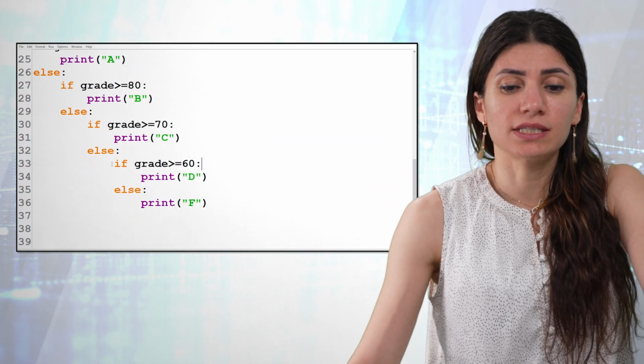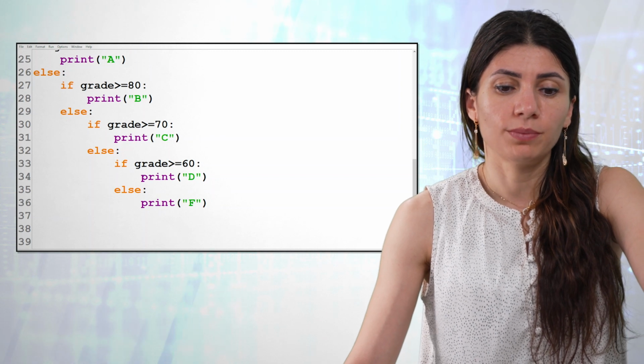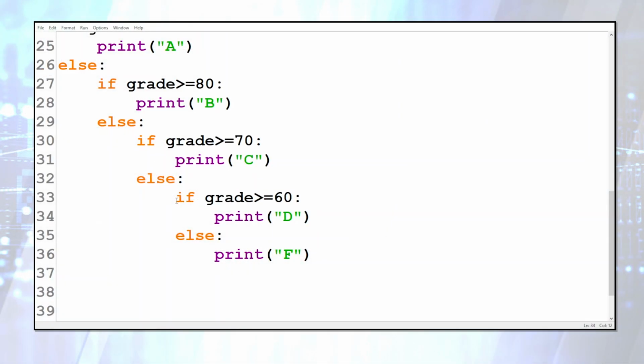When you use nesting, you just need to be very careful with the indentations. Don't mess that up because if, for instance, you go this way, it's not going to work. If you run it, it's not going to go through. It's going to give you an error message. Or if you mess up the indentation for two of these, like I have this if, and I have an extra space here, they're not lined up perfectly.